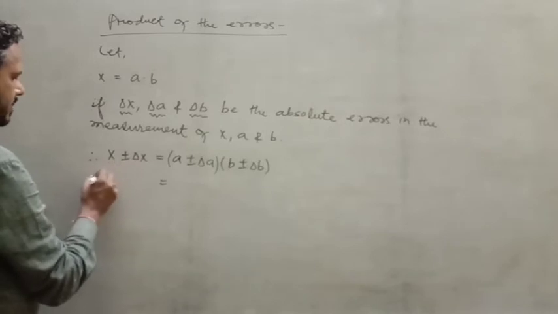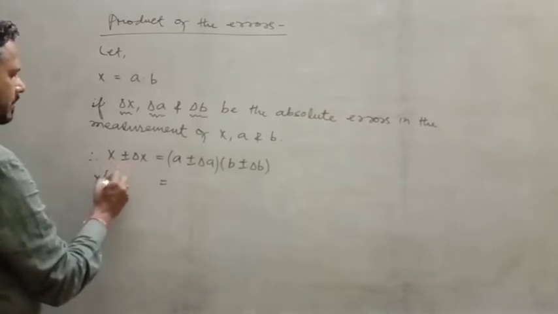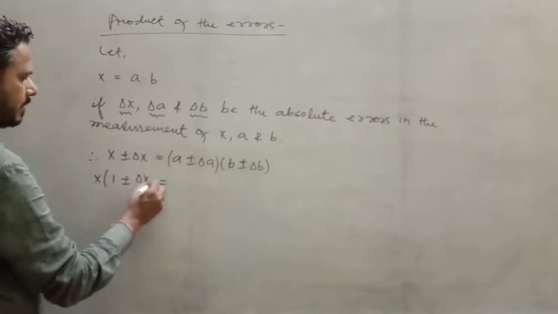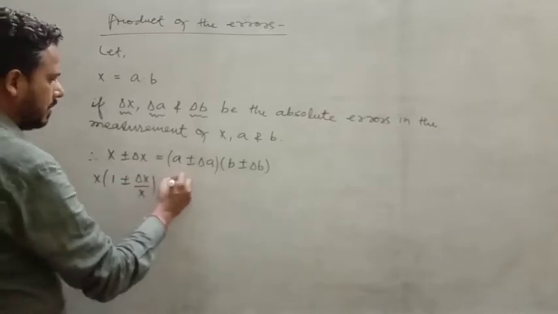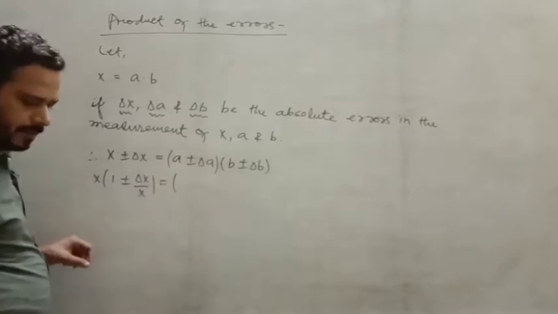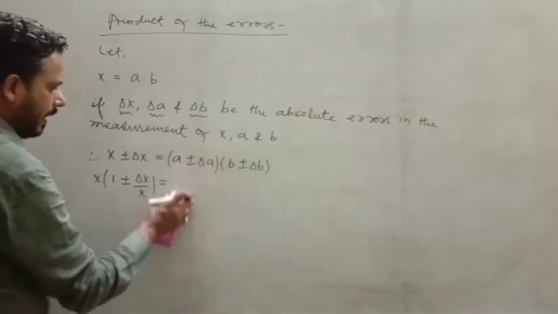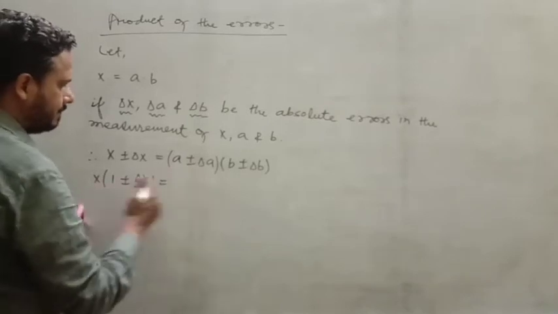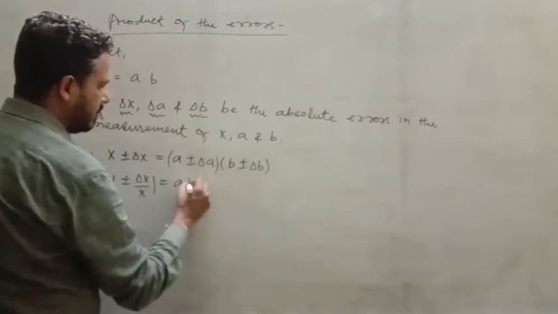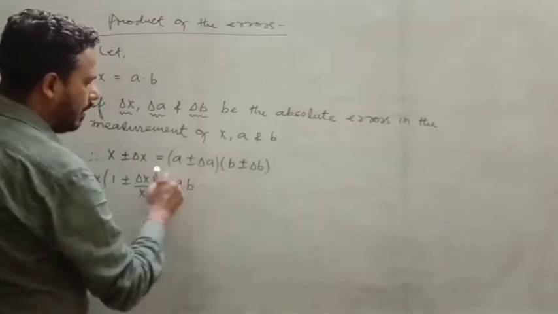So just take x outside, so inside you will get 1 plus minus delta x by x. And from here you take a outside from this factor, and from this factor you take b outside, so both will be in product.